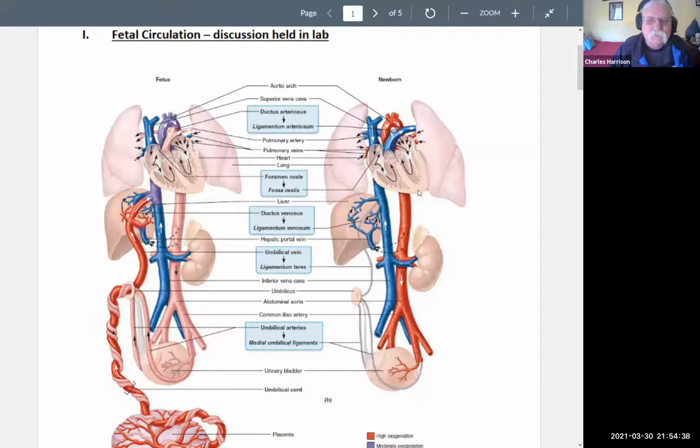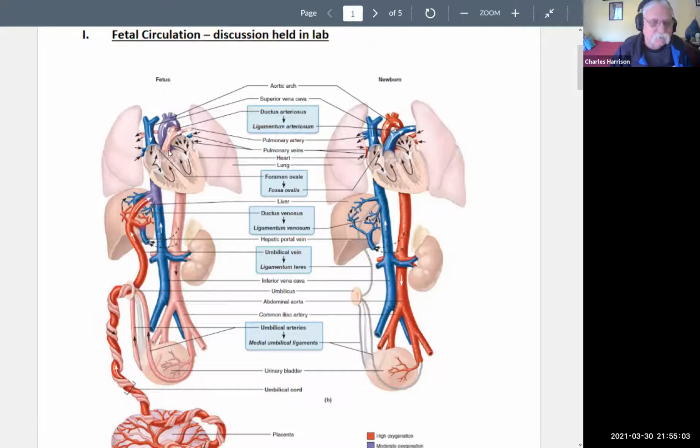And the newborn circulation pattern persists throughout life. If the foramen ovale does not close or closes only partially, you may end up with what's colloquially called a blue baby.